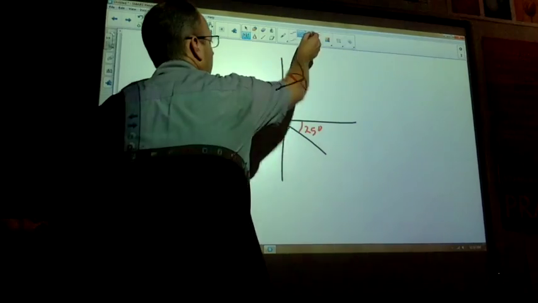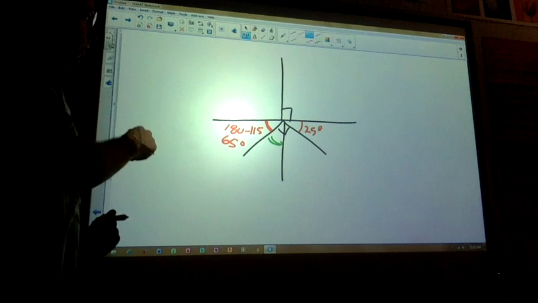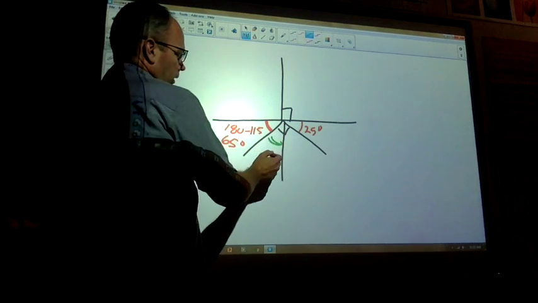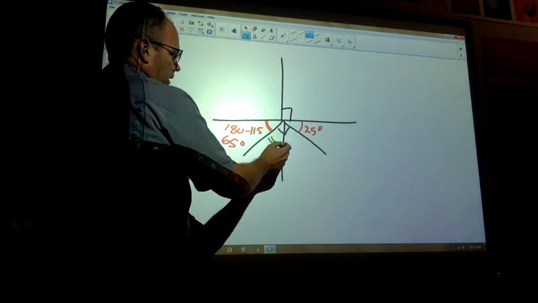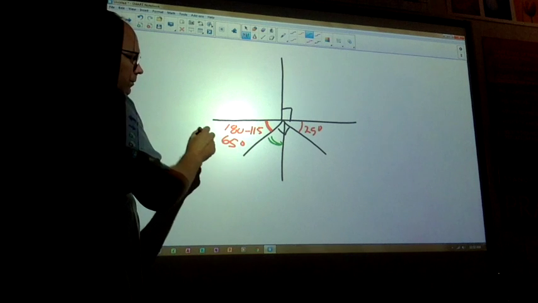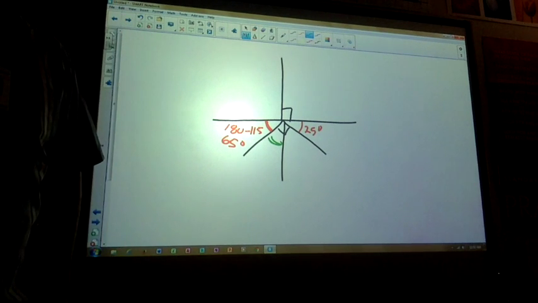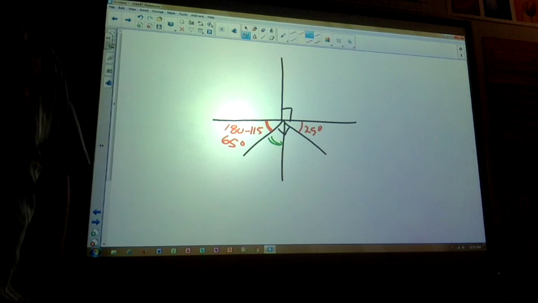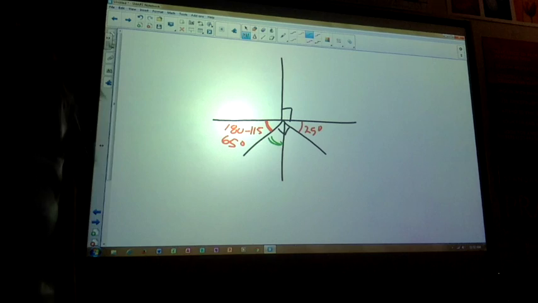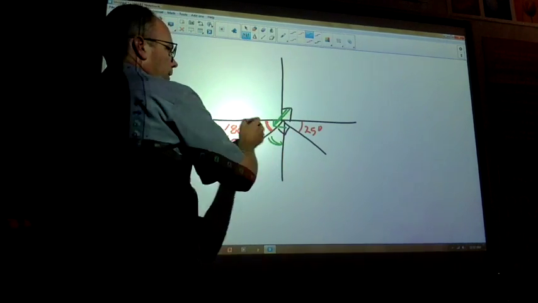We then want to figure out this angle here. So I know that, let's see, that's 90. That's 65. How am I going to find that one? Oh, this has to be a 90-degree angle as well because of vertical angles with this.